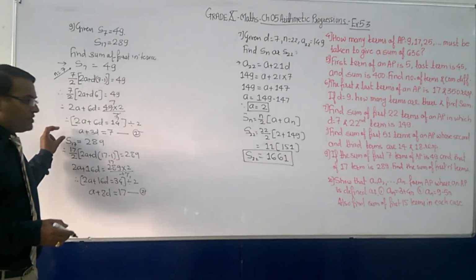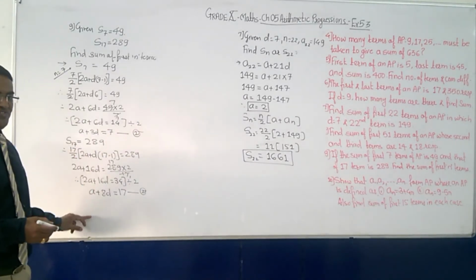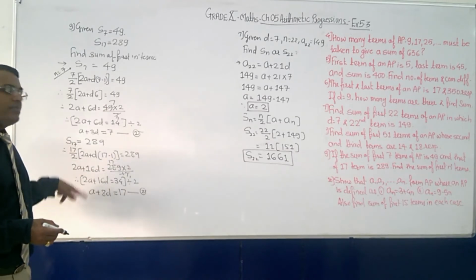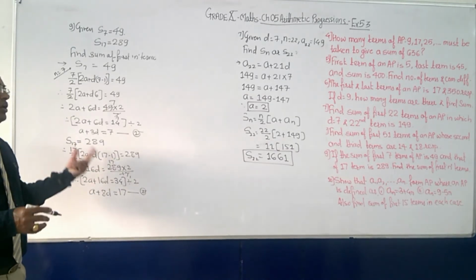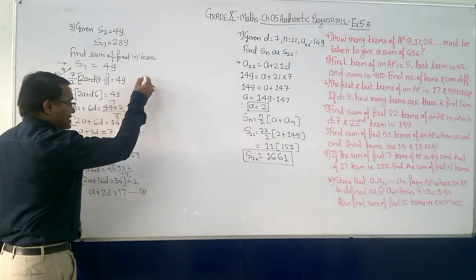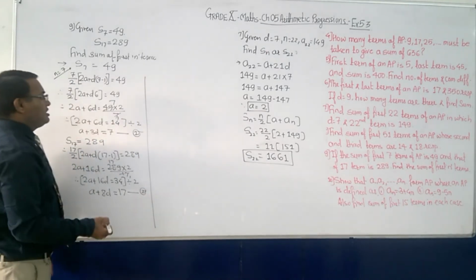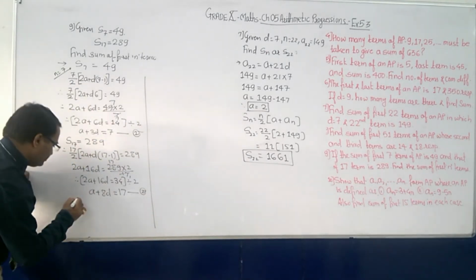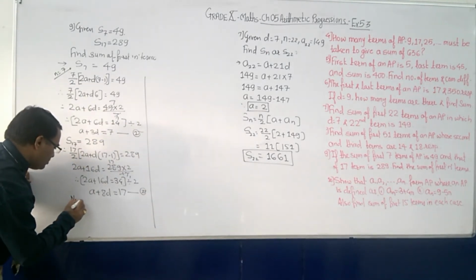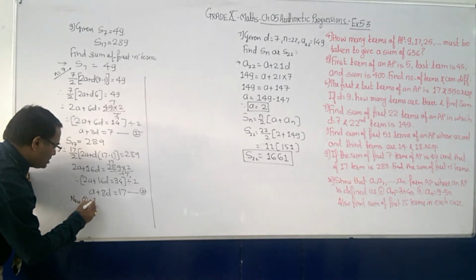Now observe equation number 1 and 2. Find the value of a and then d, and then go ahead with the formula of Sn. What you can do is subtract equation 2 minus 1.